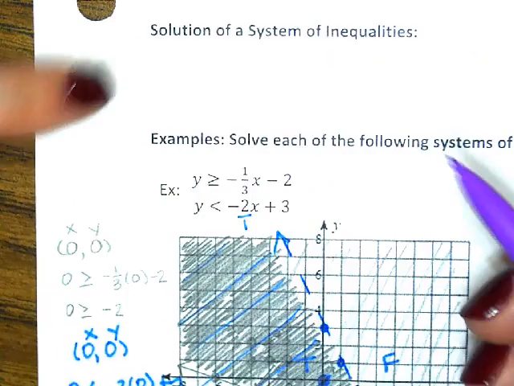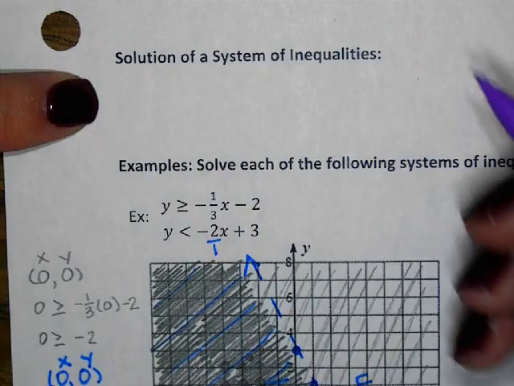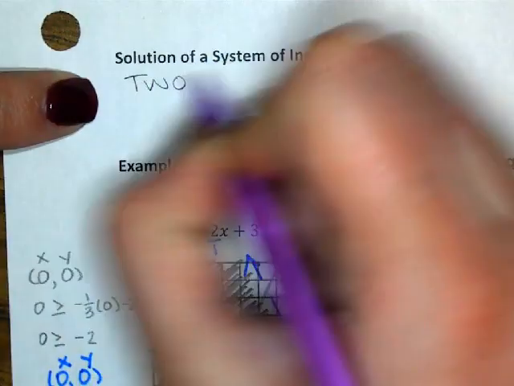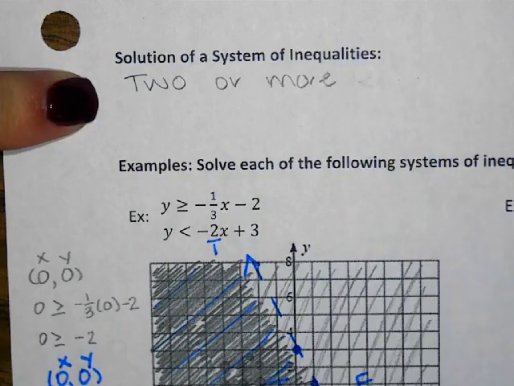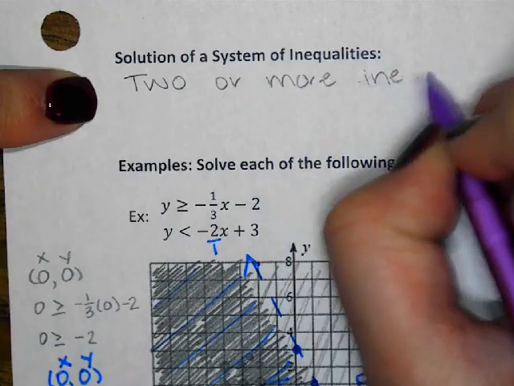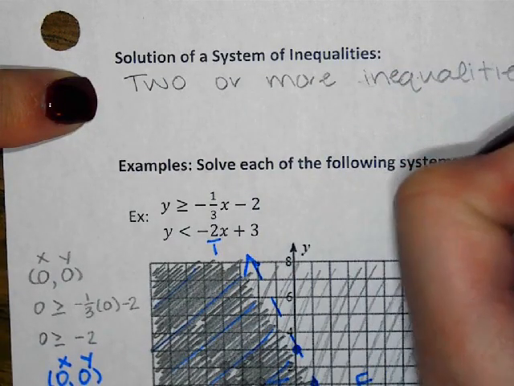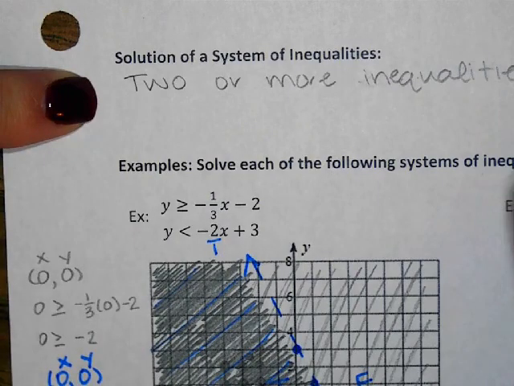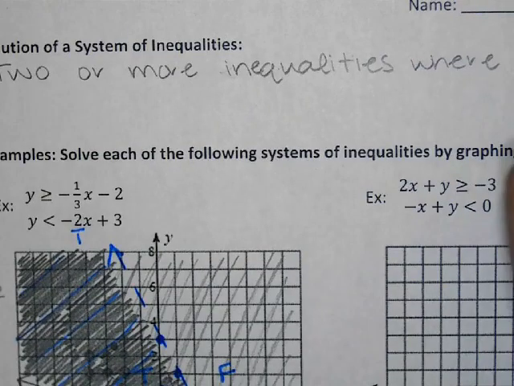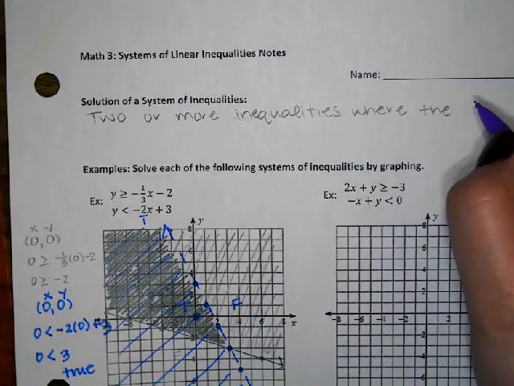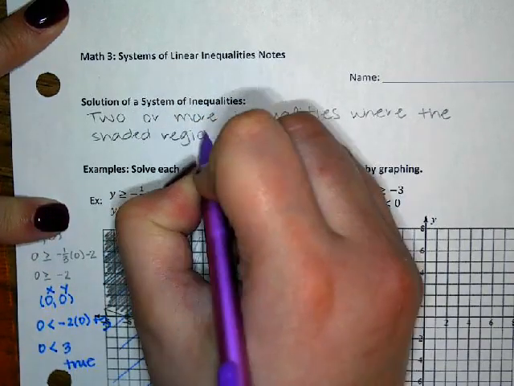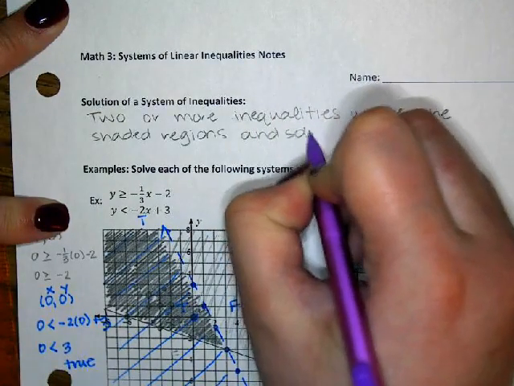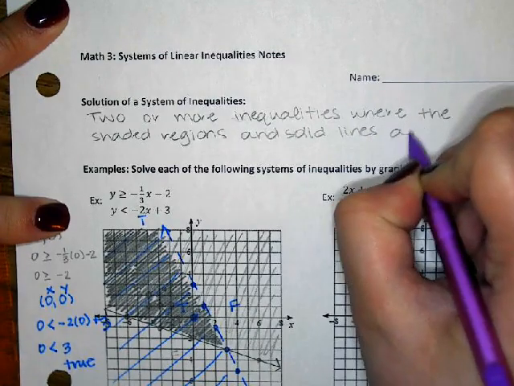Okay, so we're going to write the answer up here. So the solution to a system of inequalities, we're going to say, is two or more inequalities where the shaded regions and solid lines are intersecting.